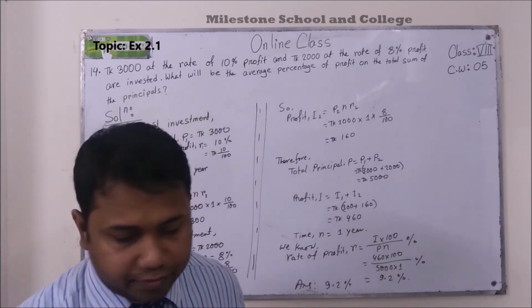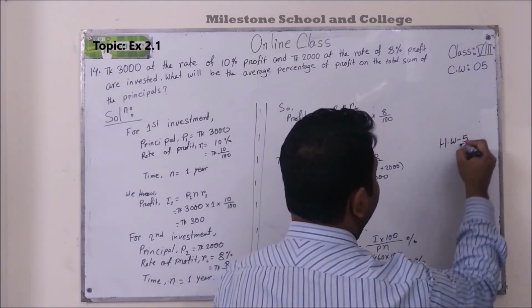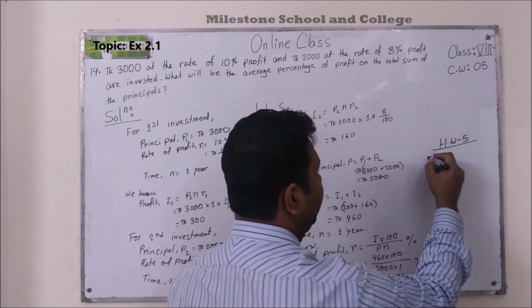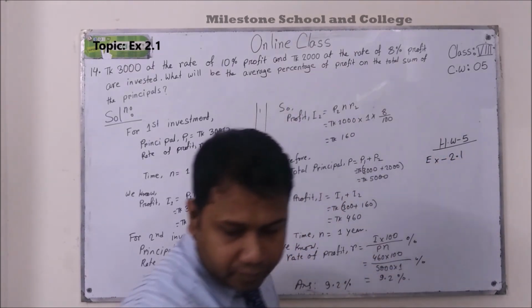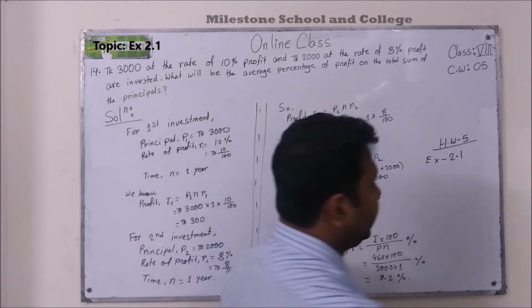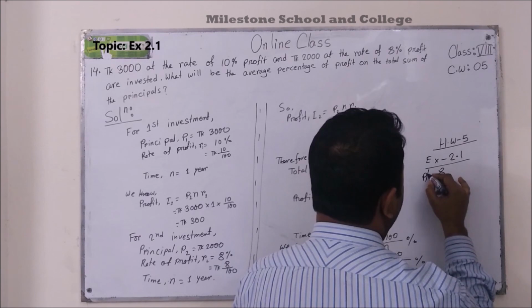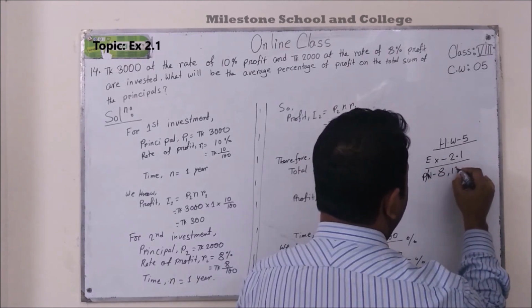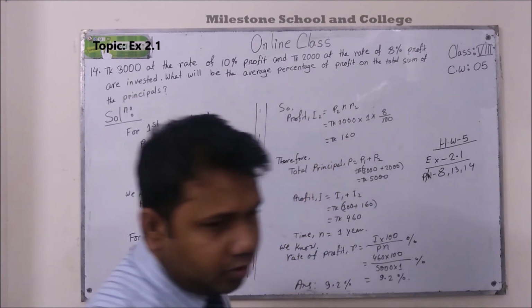HW number 5 is exercise 2.1, problem number 8, 13 and 14. The most important maths of your book.